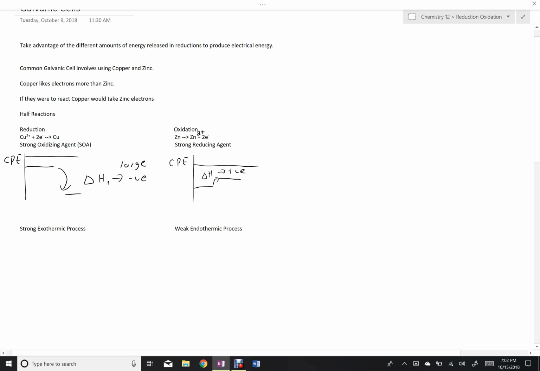If I call this one 1 and this one 2, then the delta H for 1 is bigger than the delta H of 2. So when both of these processes happen together, the total delta H is still negative, which means there's still energy available to other forms.